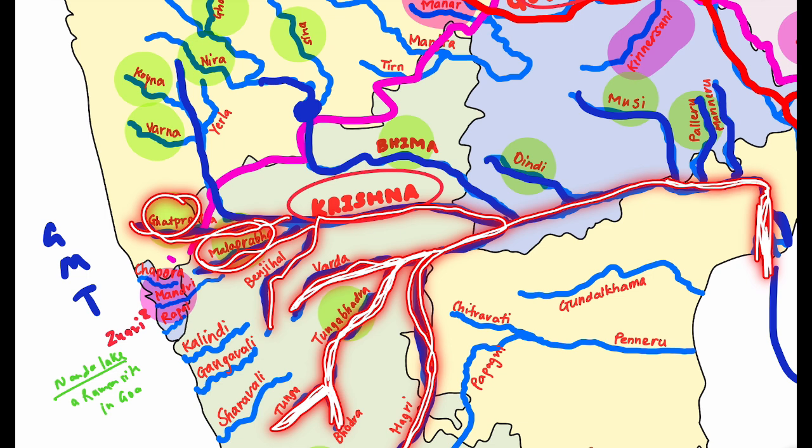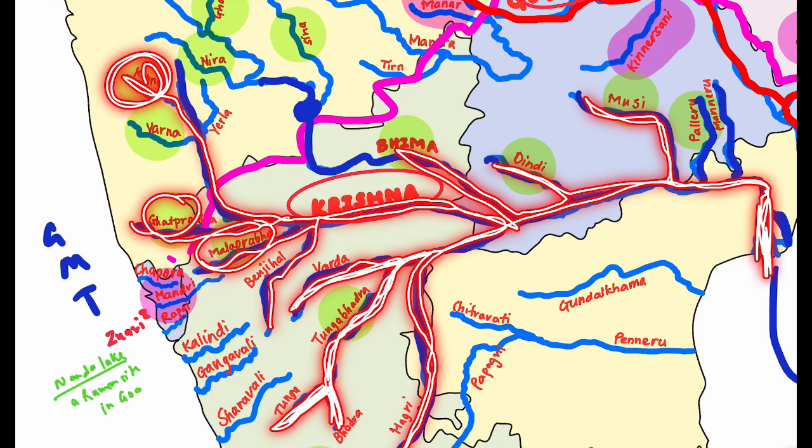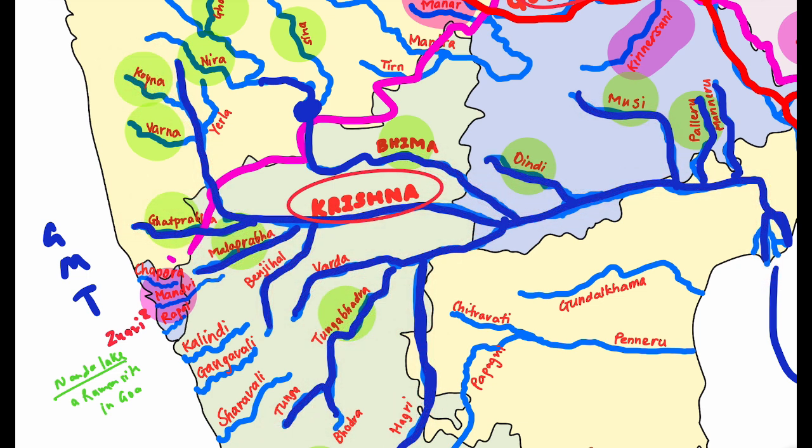Again, repeat left bank tributaries. Musi is important. Dindi, not that important. Bhima is important. And then Koina. So all these are left bank tributaries. Ghatprabha is right bank. Malprabha, Tungabhadra, all this meets and goes into Bay of Bengal. And Krishna River originates from Mahabaleshwar in Maharashtra.